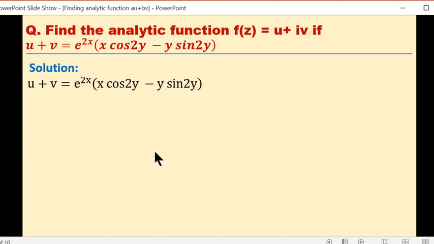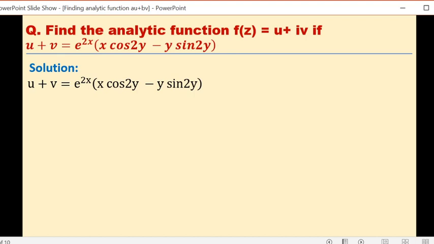If you remember here, whenever we are given a combination of u and v, that is au plus bv, we call that equation as 1. We differentiate it with respect to x. Then in that we put ux equal to phi 1, vx equal to phi 2, x equal to z, y equal to 0. Okay. And then whatever statement we get, we call it as 2.